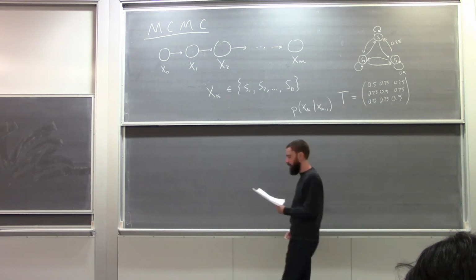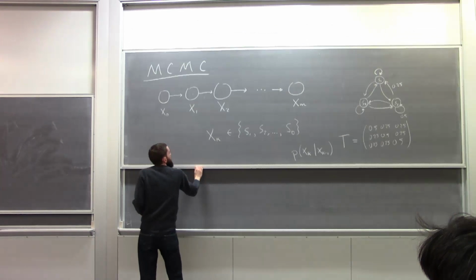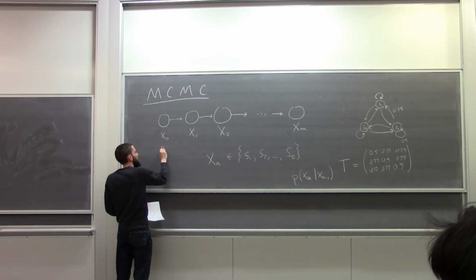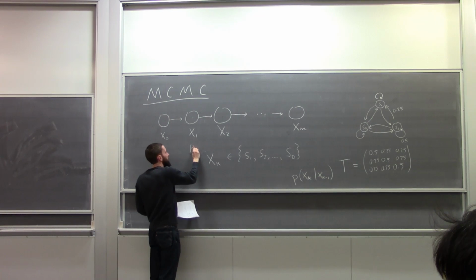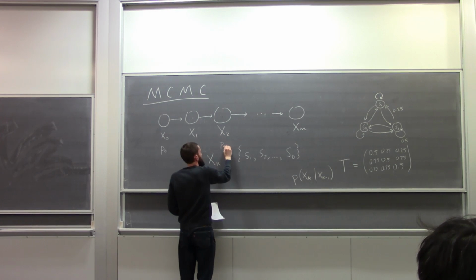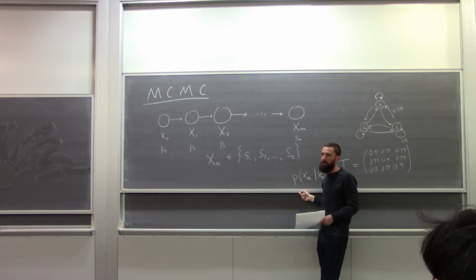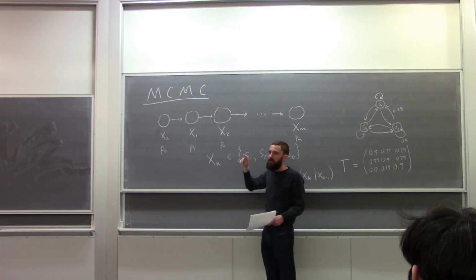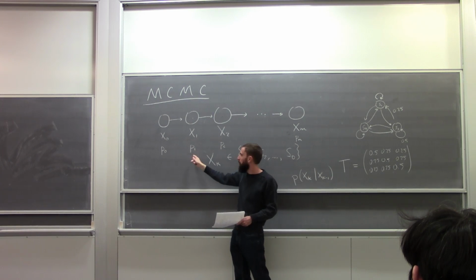One more thing. I'm going to use the notation that this random variable has PMF P0, this random variable has PMF P1, and so on. I'm putting a subscript on the P to reinforce that P of x2 is not the same distribution as P of x1.